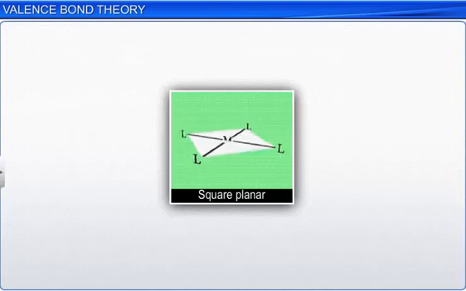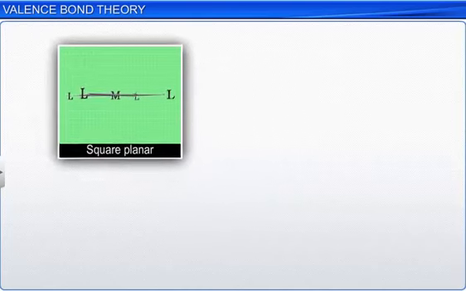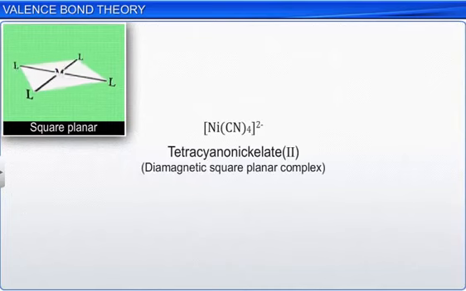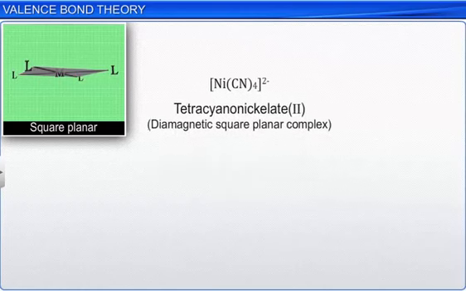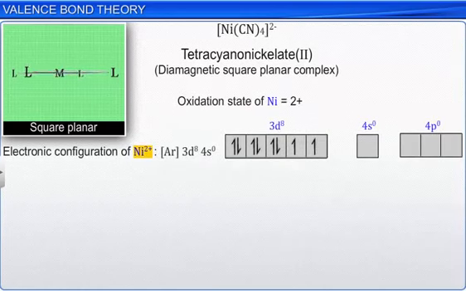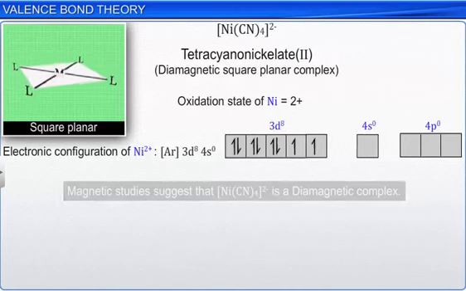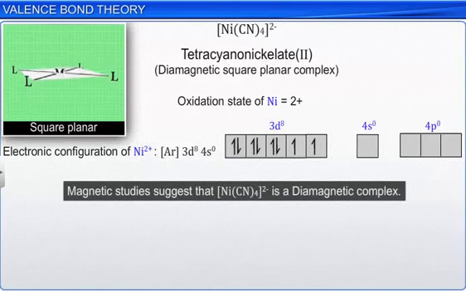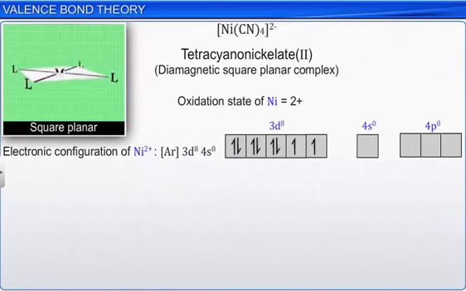Now, let us examine a diamagnetic square planar complex, tetracyanonickelate(II). In this complex, nickel is in +2 oxidation state and has the electronic configuration of argon 3d8. Magnetic studies suggest this to be a diamagnetic complex. This is possible only when the two unpaired electrons in the 3d orbital get paired up.